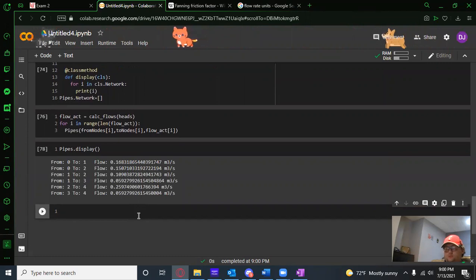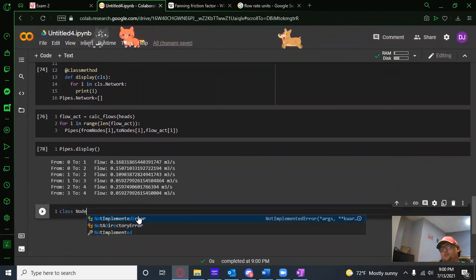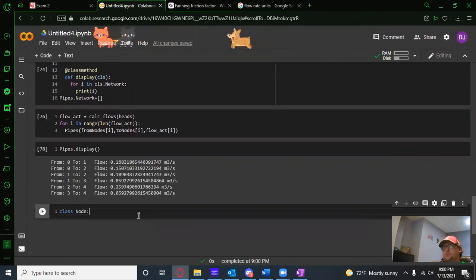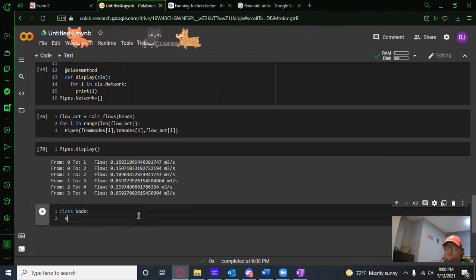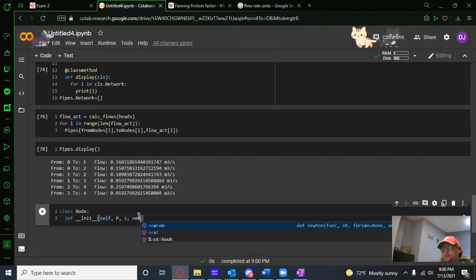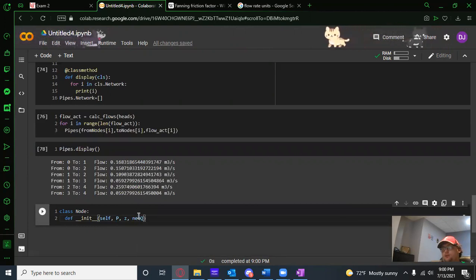Now what we need to do is create another object just called node. Define an init. So we have self. Each node will have a pressure, a height, and a net flow.